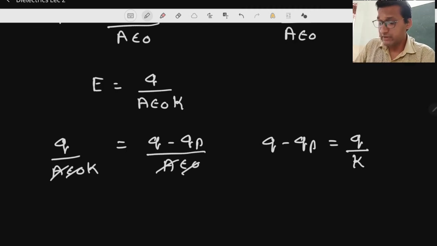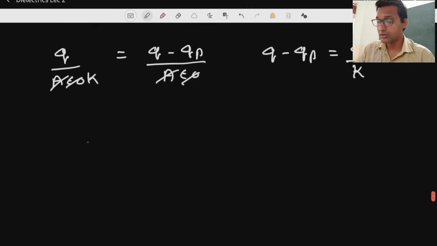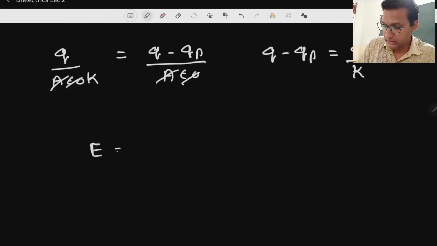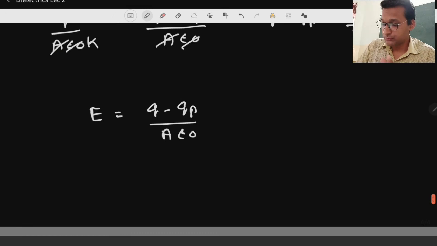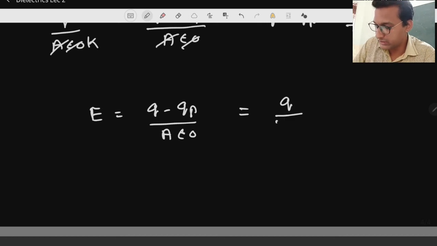Now we will substitute this value in the Gauss law. We have E is equal to Q minus QP divided by A epsilon naught by applying the Gauss law. So we can replace this Q minus QP by Q divided by K, and other things will be the same.